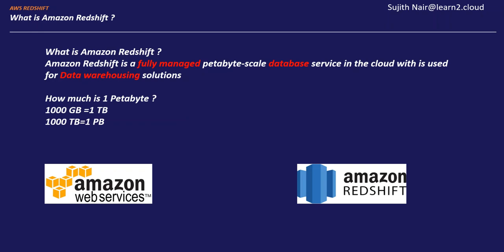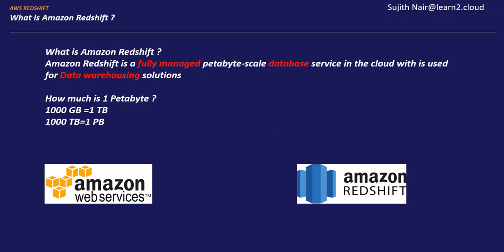Because Amazon Redshift is a fully managed service, Amazon will take care of all that for you, and you can dive in immediately and use the database as you want it, and start using it for your needs.